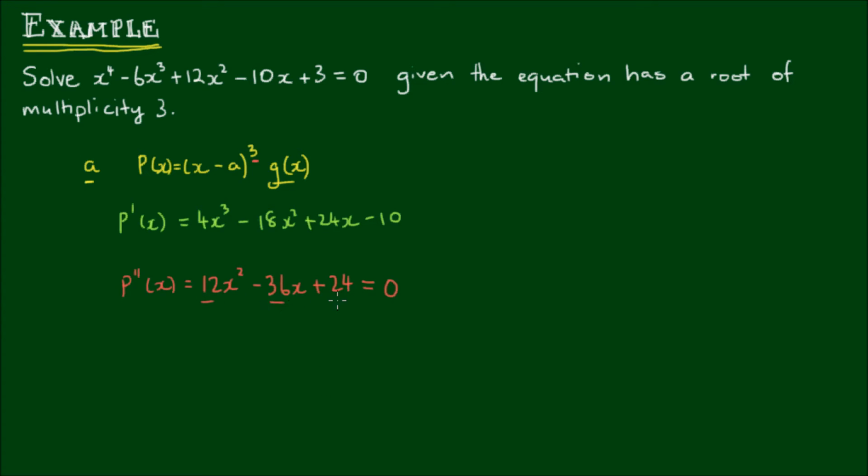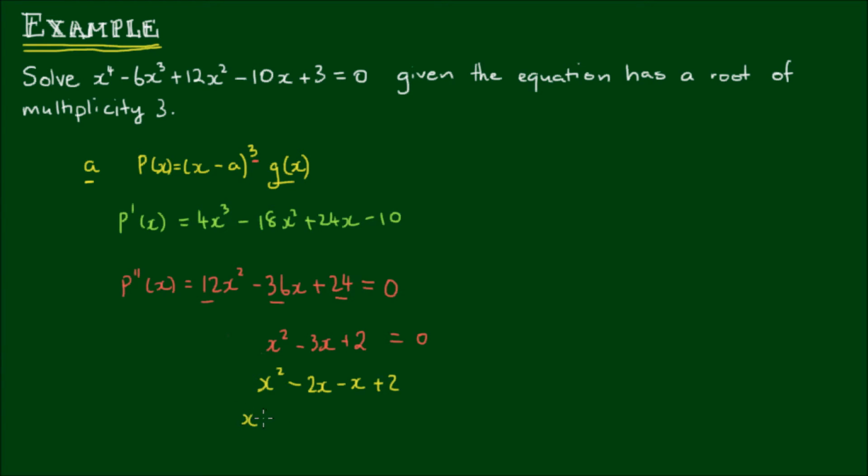So I can factor out a 12, and this will leave me with 12 outside of x squared minus 3x plus 2, equal to 0. And of course we can divide both sides by 12, so effectively it gets rid of the 12 on the left hand side. So we're left with x squared minus 3x plus 2, and this is the equation we have to solve to find the repeated factor. So I can rewrite minus 3x as minus 2x minus x, so x squared minus 2x minus x plus 2.